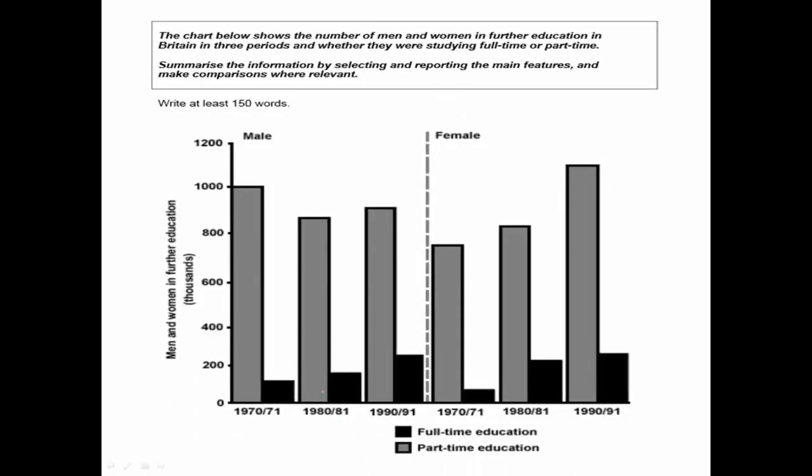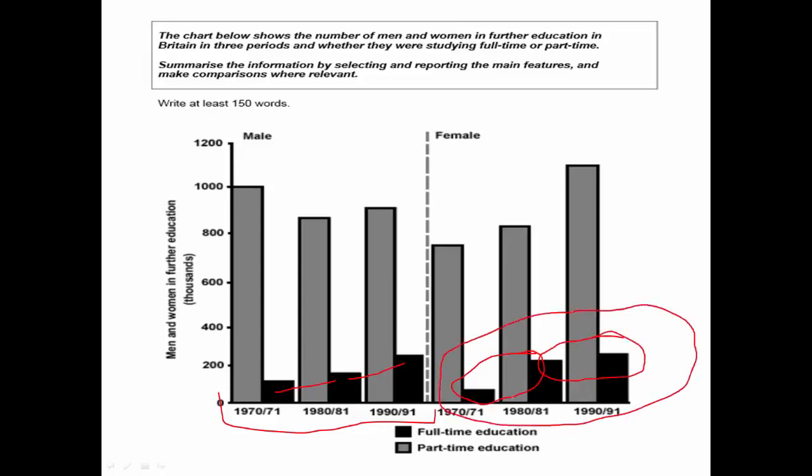The biggest mistake students would make would be getting into too much detail between the years. So they would start saying between 1970 and 81 it increased, and then between 81 and 91 it increased again. So for women, they would discuss this and then they would discuss this instead of just discussing the overall trend.